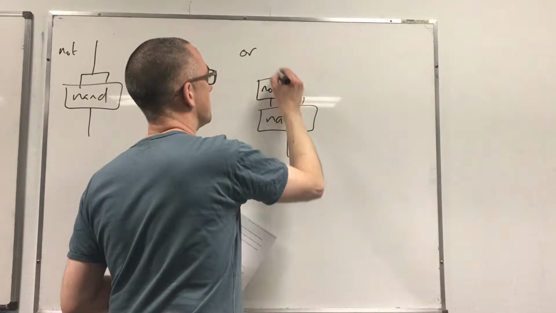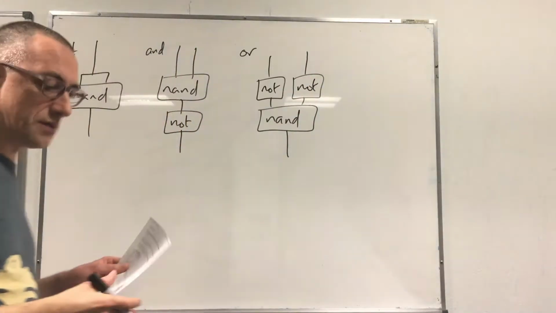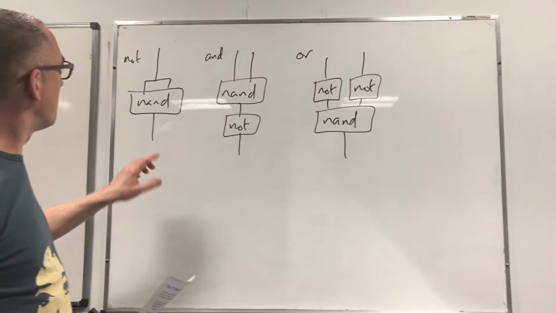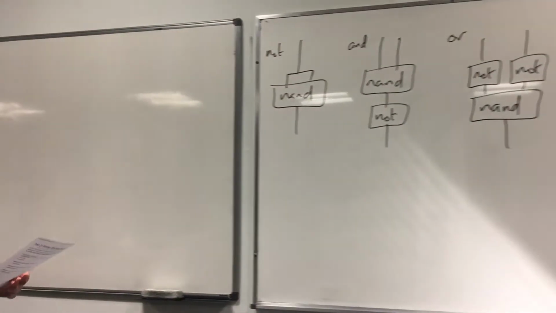That means we need to negate the inputs. So that's our useful components, not and or, built from NAND gates.